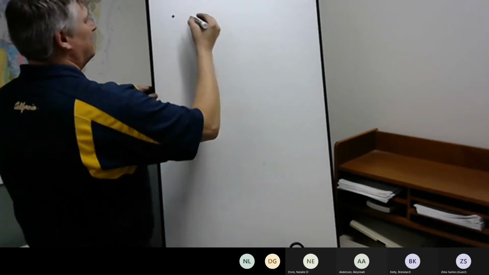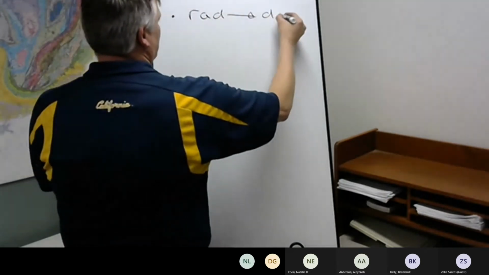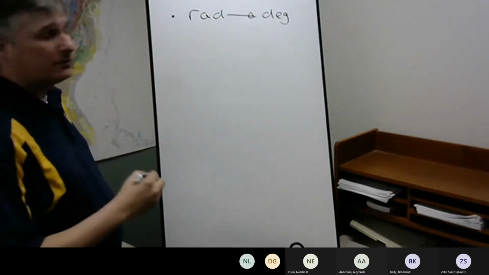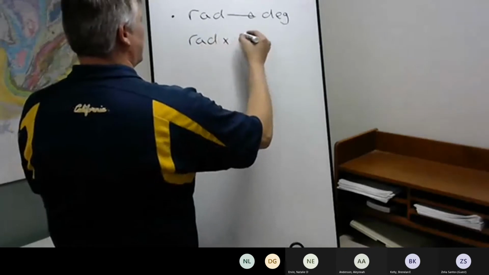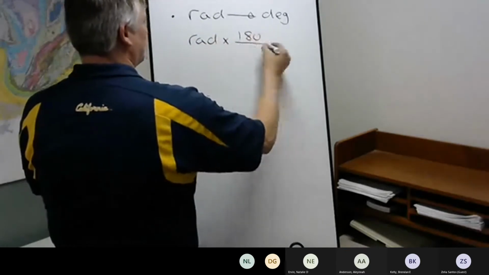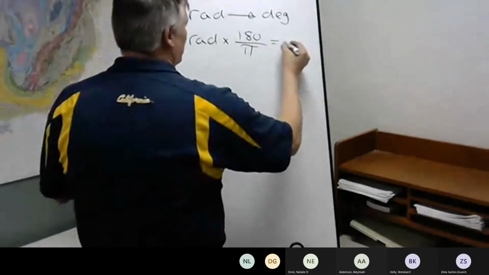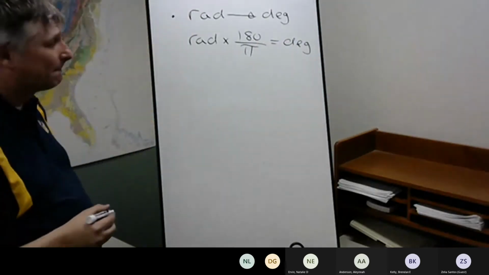Now, let's say we want to convert radians to degrees. Well, what we do here is we take radians times 180 over pi. This will reverse it. We're going to get degrees.